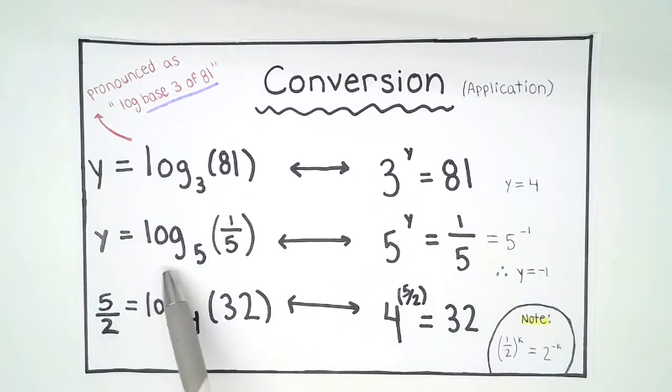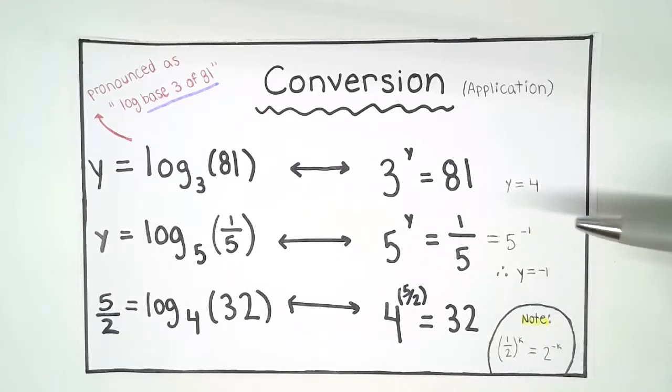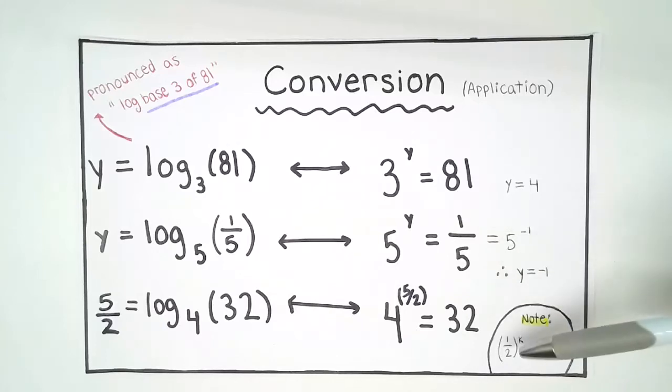Let's try another example. Here we have log base 5 of 1/5. I'm going to convert this, so I have the base here, and I'm going to make that the base of my power, to an exponent we don't know, equals 1/5. Now, down here I put a little extra note. This is just an exponent rule that you should know. 1/2 to the exponent k is the same as 2 to the exponent negative k.